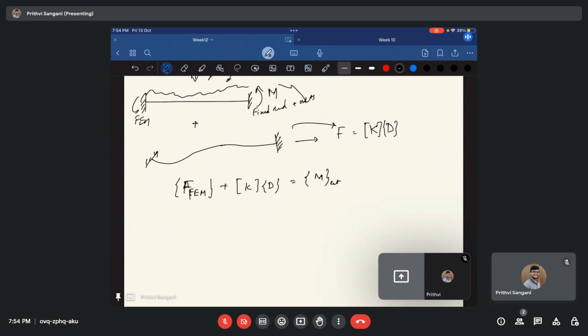The other possibility is the stiffness matrix multiplied with the displacement vector, which gives the forces at the degrees of freedom. If you add both, that has to be equal to the applied external loads. Only then will the equilibrium be satisfied.